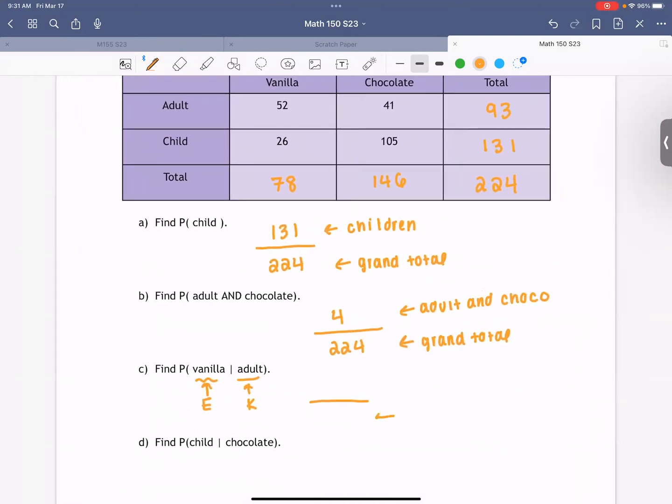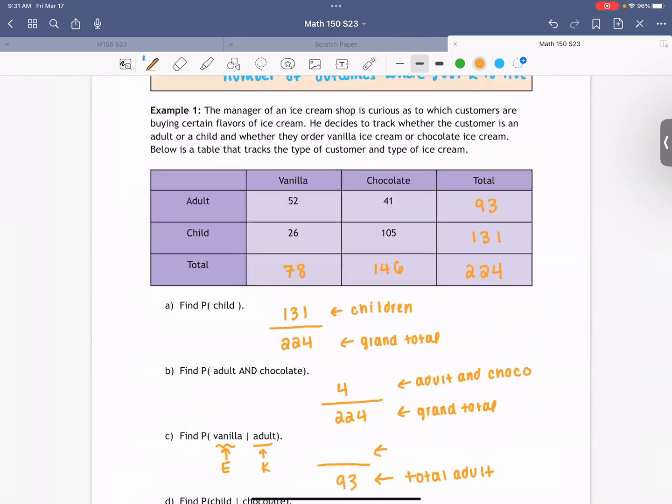So what am I looking for on the bottom? Adults. Number of adults, right? So the number on the bottom isn't going to be the grand total anymore. It's just going to be the total number of adults. Well, how many adults are there? 93. 93, perfect.